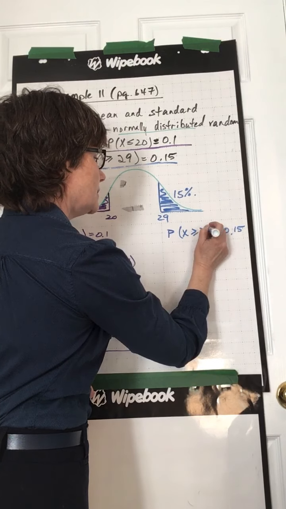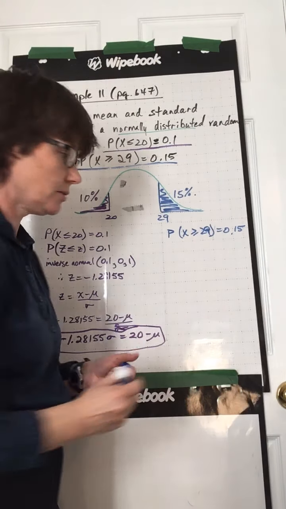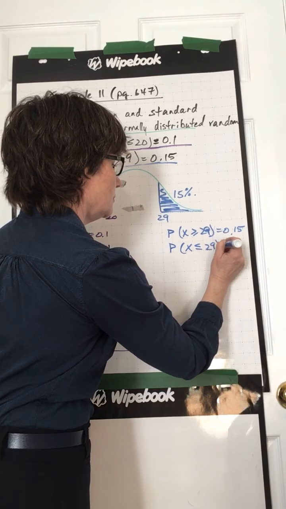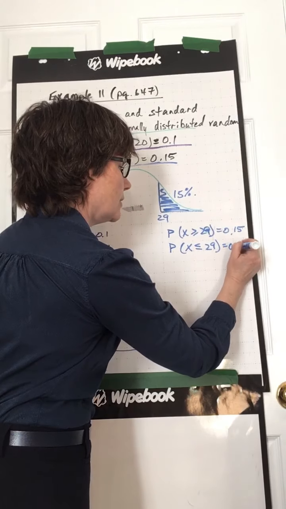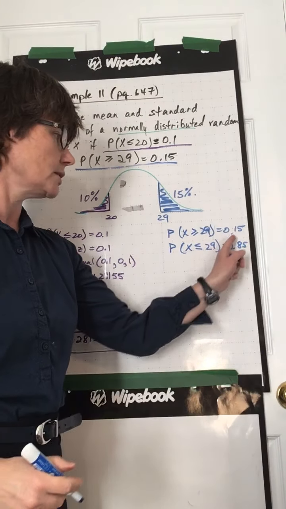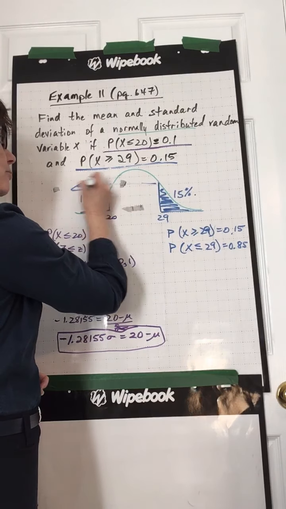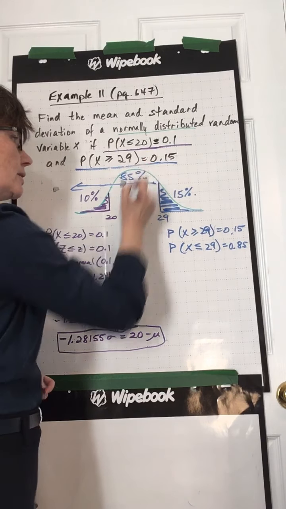Remember, we can only do less thans, so we need to change this around to a less than. Then this would be 0.85 because it has to be 1 subtract this. So from here to here is 85%.